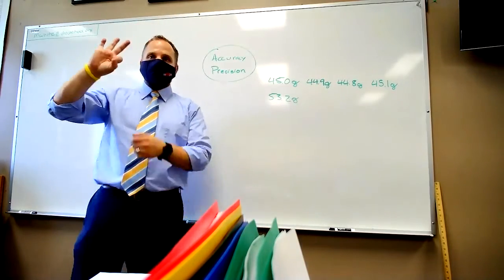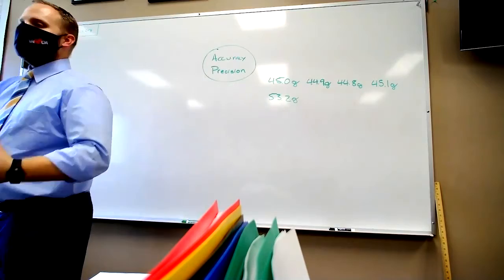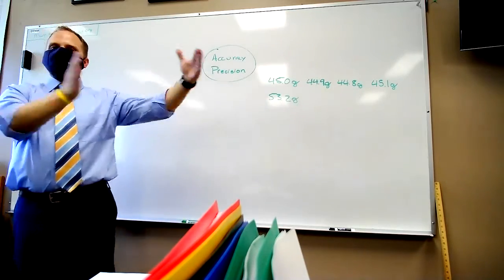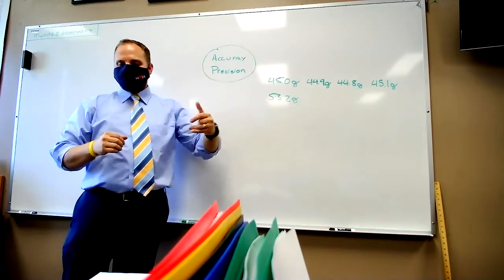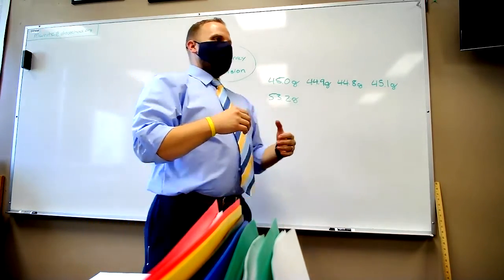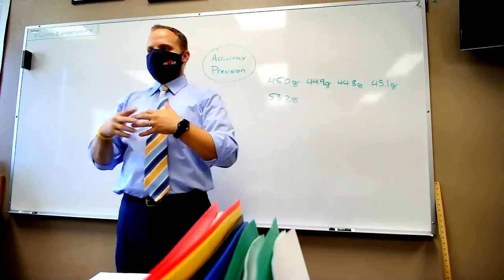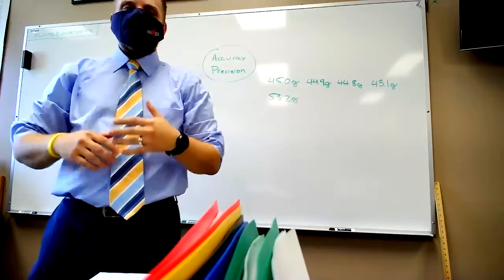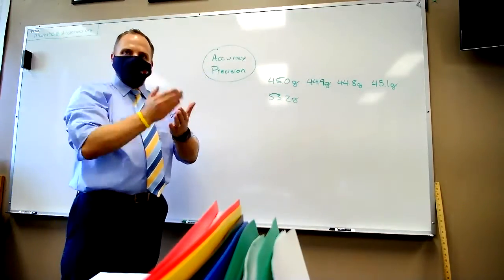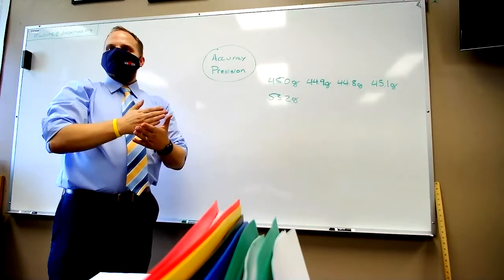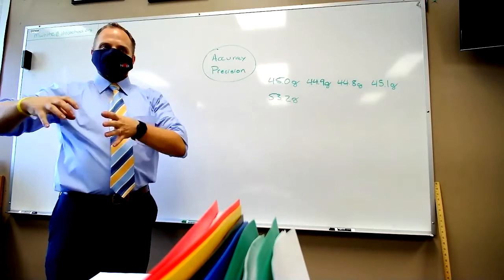So we have a group of 3 arrows that are all very close, but they're way off to the side of the target. So the person who shot those arrows, they were able to get to the same spot over and over, but it's not the middle of the target where you want it.